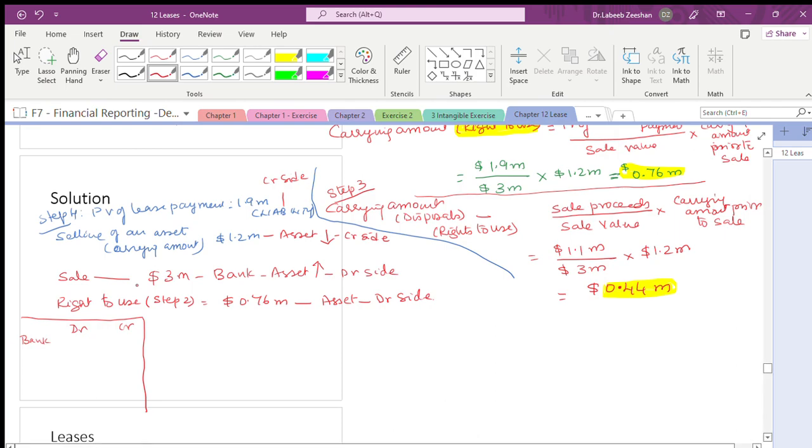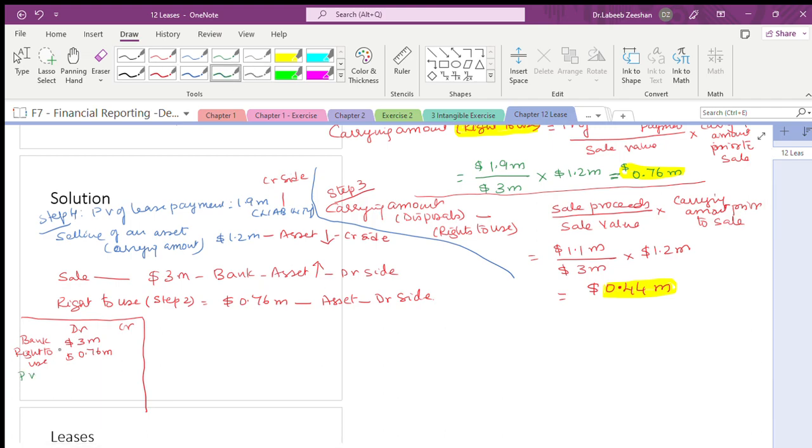Bank is 3 million. Fine. Next. Right to use is how much? 0.76 million. Fine.